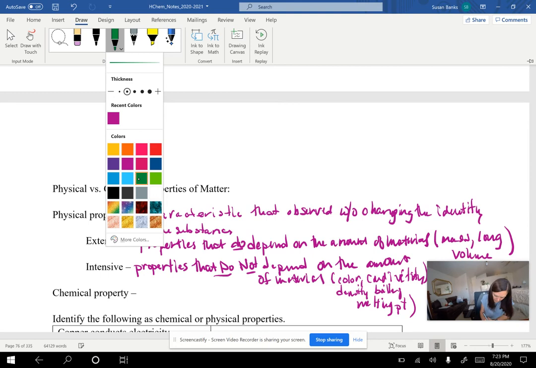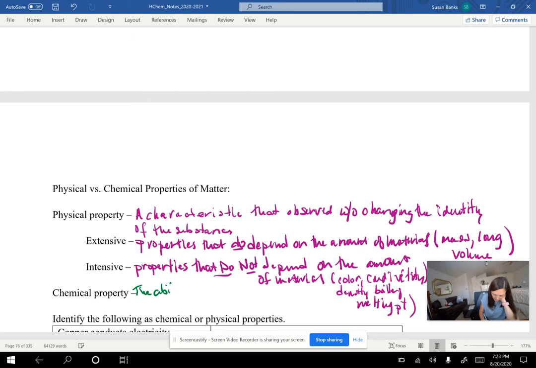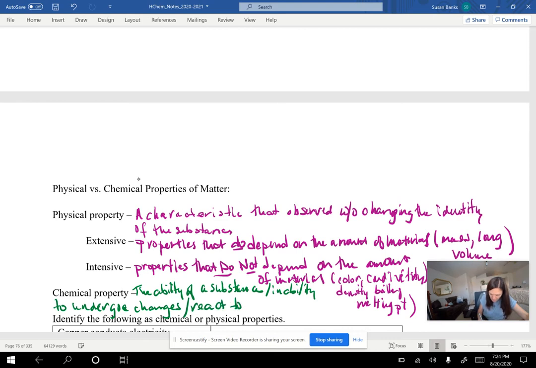A chemical property is the ability of a substance, and it could also be the inability, to react or to undergo changes into different substances, or react to make new substances.